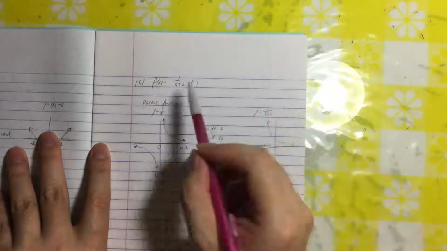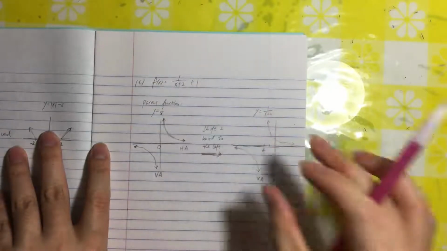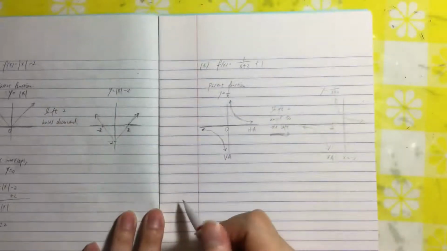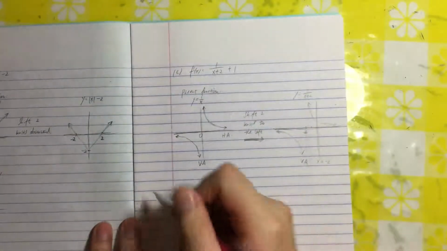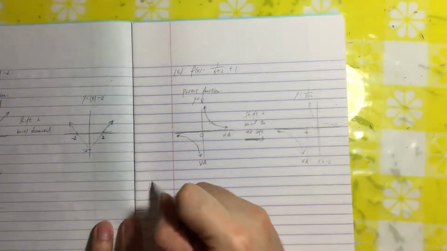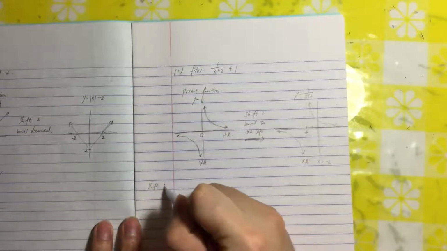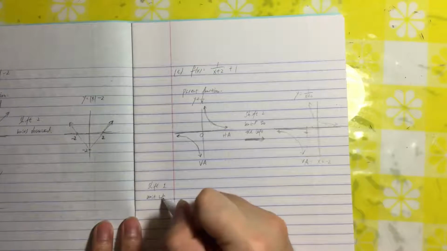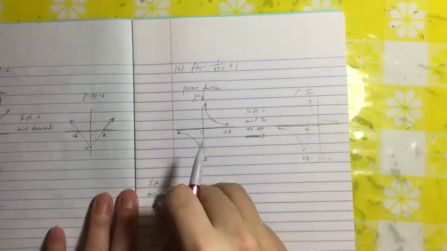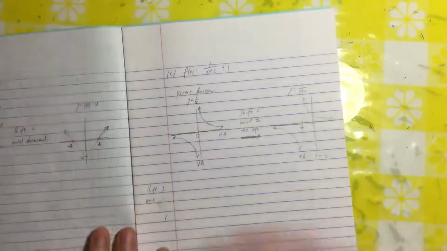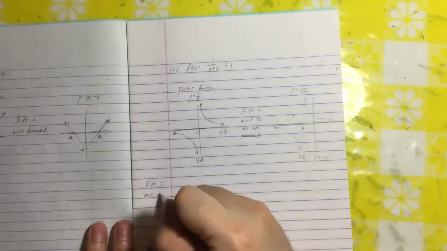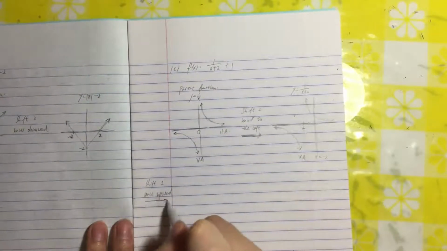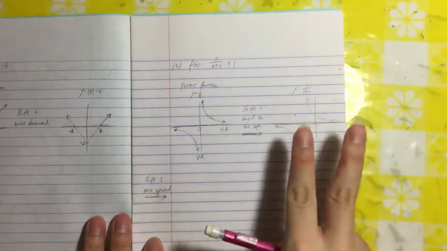Next, when I add 1 to the function, I shift the graph 1 unit upward. So shift this graph 1 unit upward.